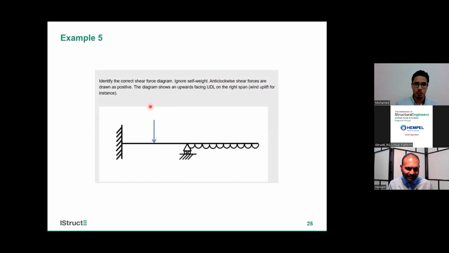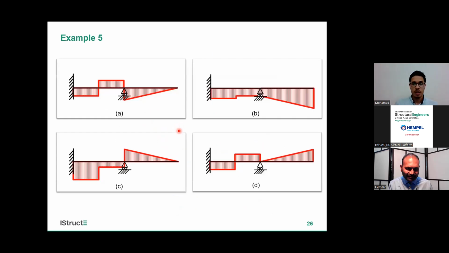Here we will also have some questions relating to shear, how to draw the shear force diagram. Here I have a distributed load from down to up, and here I have a concentrated load in the middle. As we said, the load is going from down to up, and this is our load. Let's imagine this is just one load.